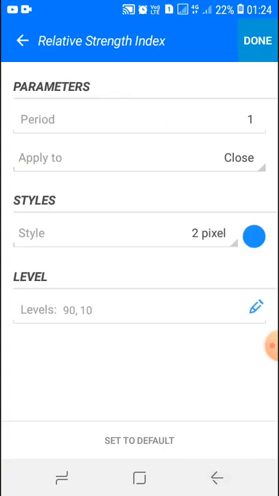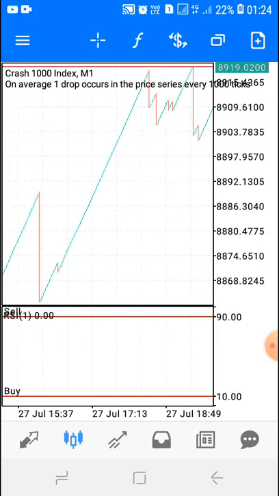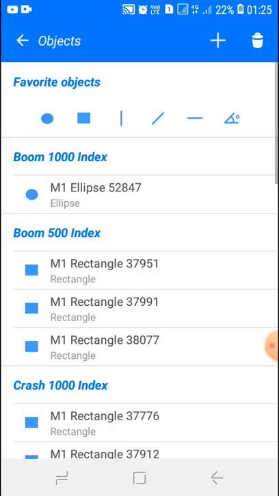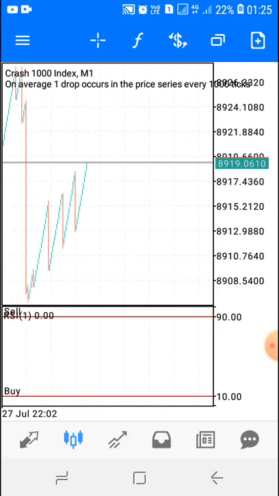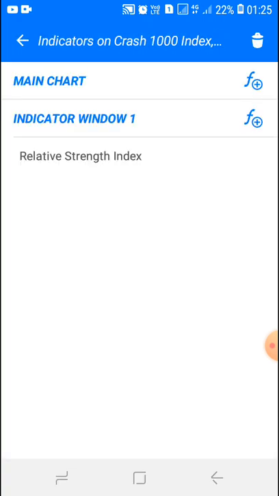Okay, so this is how our chart is going to look like. Let me just remove all of the other stuff. Okay, so our next indicator is going to be our envelopes. Now what I want you to do for me is, when you add your envelopes, make sure to click on the F plus button on indicator window 1.